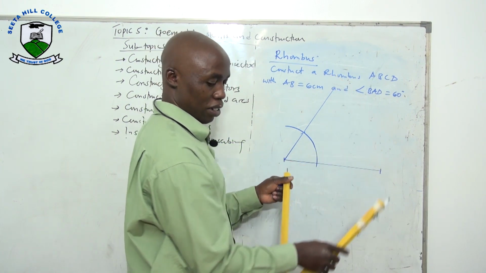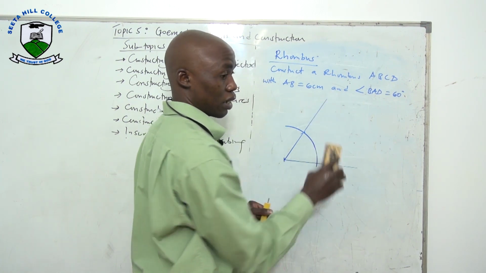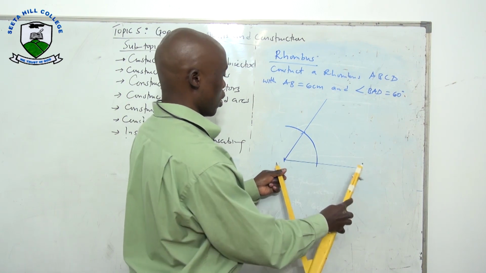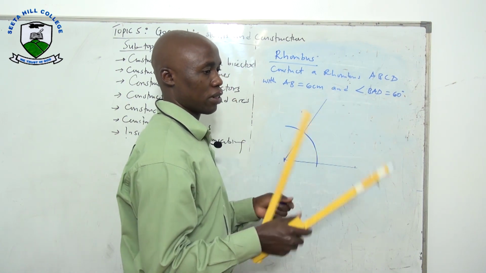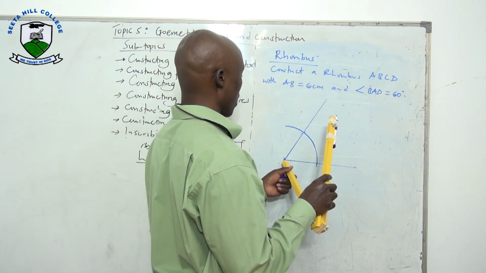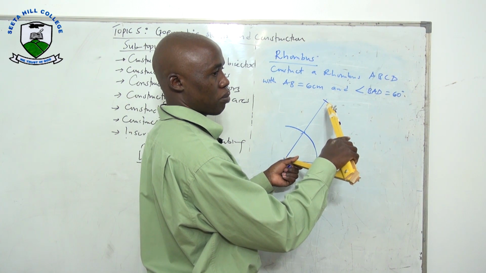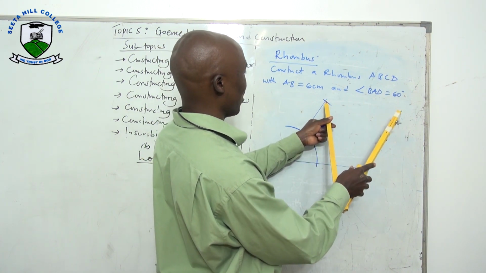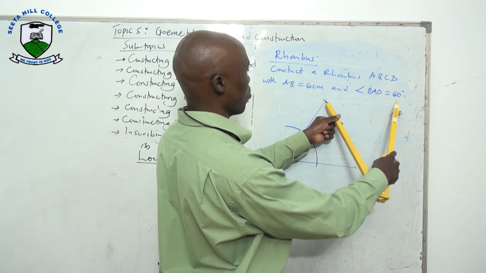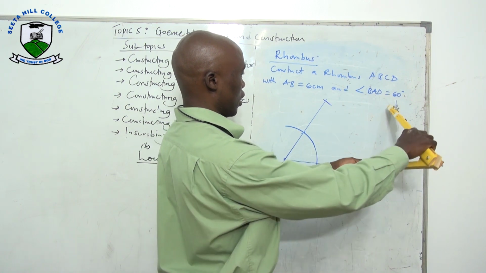Let me reduce my 6, hoping that your 6 is accurately measured. Ensure that it is 6. Then have it there, and transfer just the same, and transfer just here.